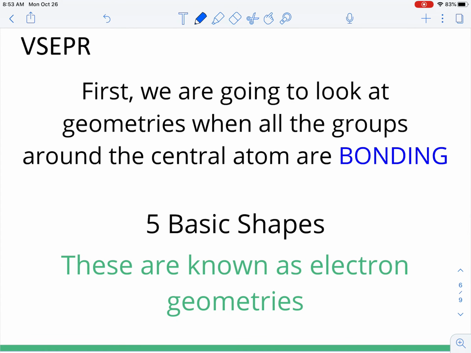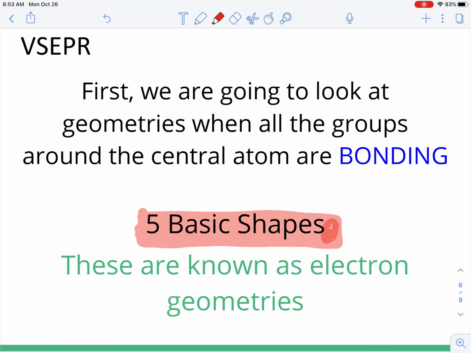So the first thing we're going to look at when we're trying to decide a molecule's shape by using VSEPR is the geometries around the central atom. Basically, there are 5 shapes that we're going to look at, and these are known as electron geometries.